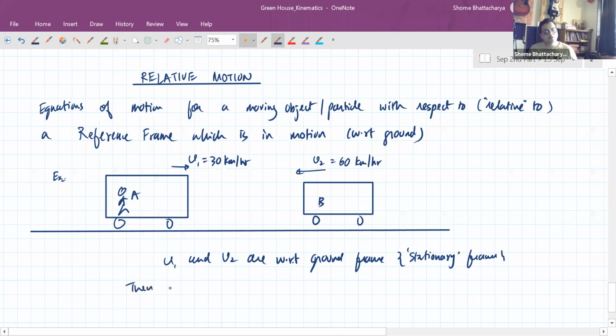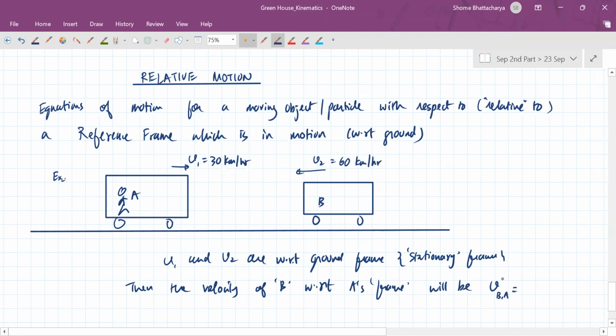Then what will happen here? The velocity of B with respect to A's frame, how much will that appear to be? Can you tell me how much B's speed will look like to A? 90 kilometers per hour. Yes, very good.